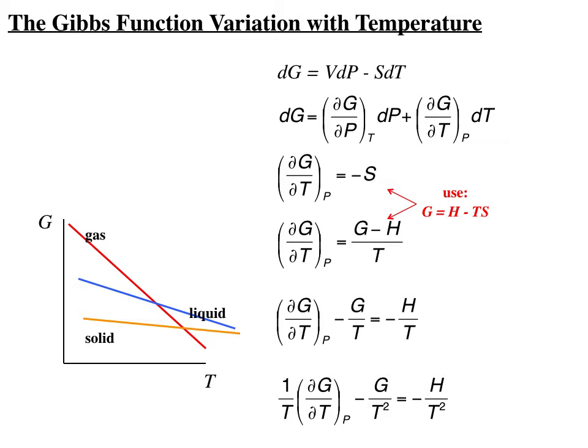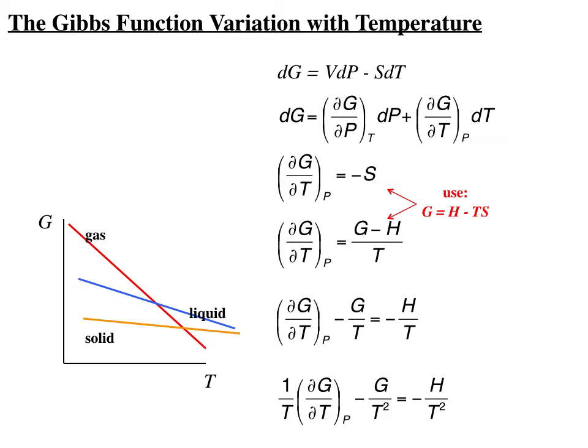Next, what you should note is that the solid line has the least dramatic negative slope. The gas line has the most dramatic negative slope. This goes right along with the fact that the entropy value of a gas is greater than the entropy value of a liquid, which is greater than the entropy value of the solid.